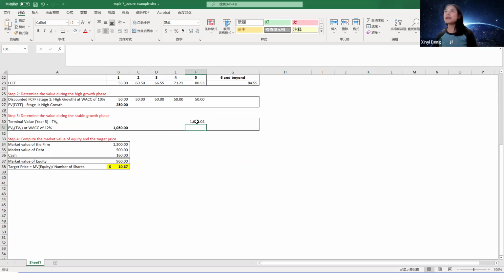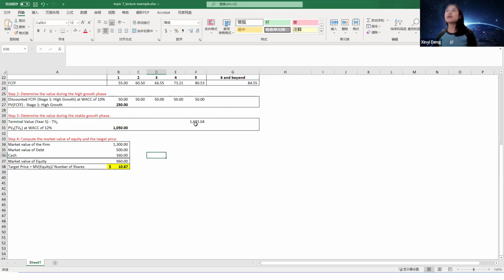And after doing this calculation of the terminal value, we will be able to easily calculate the present value of the second stage. So remember, we said that this terminal value occurs at year 5.